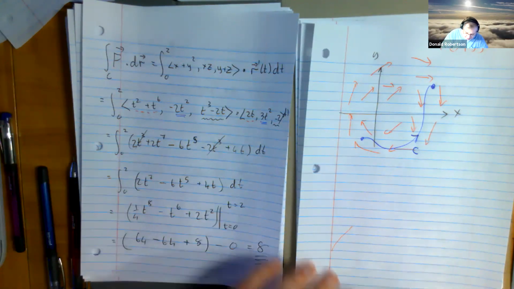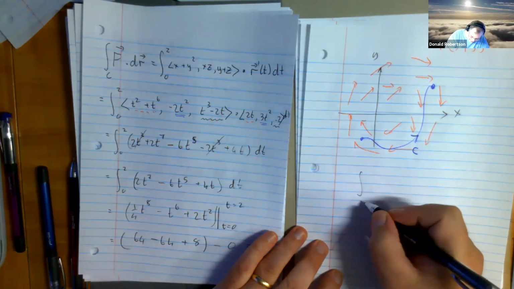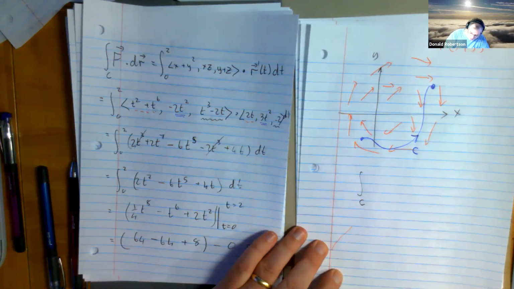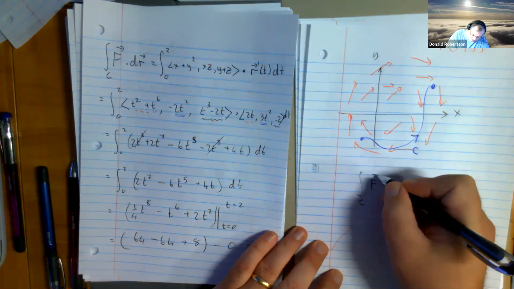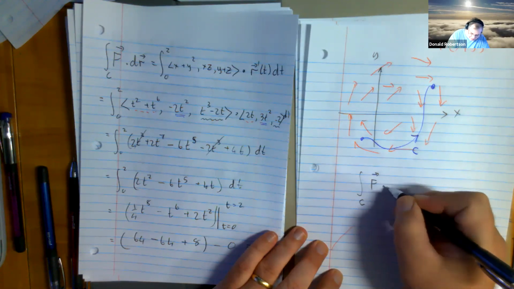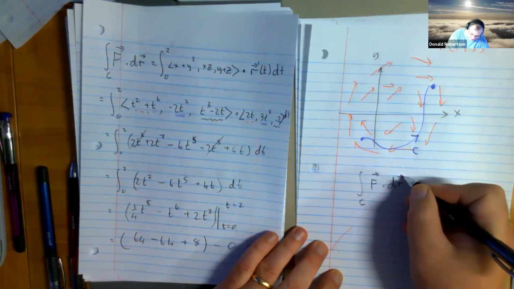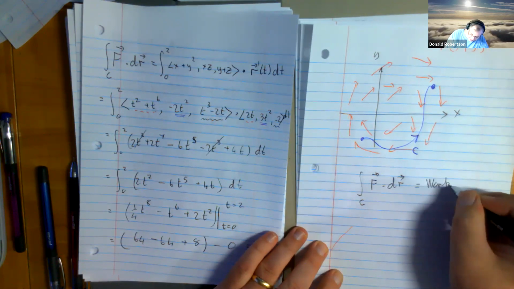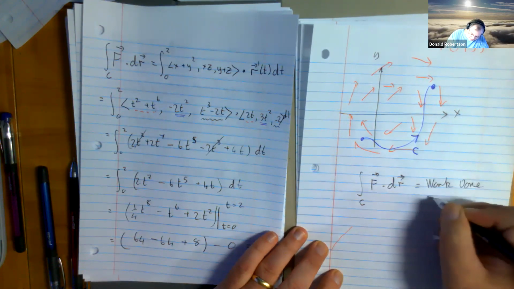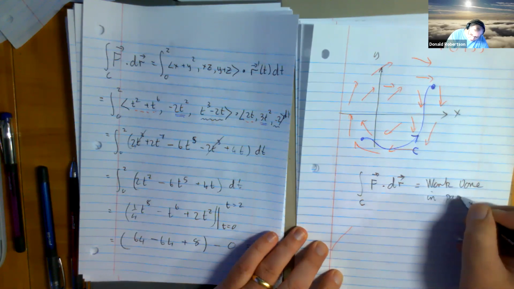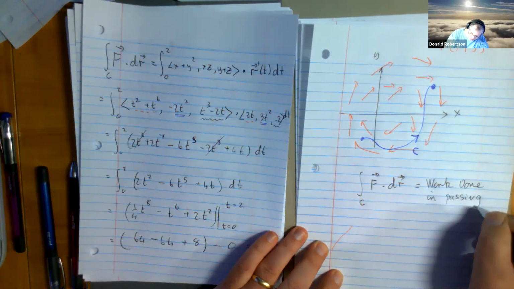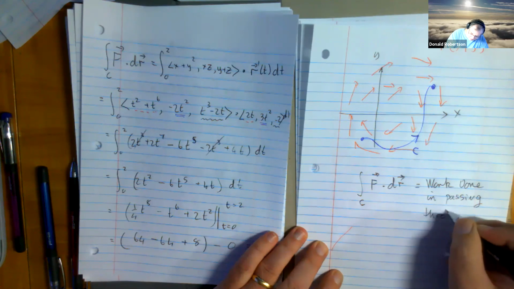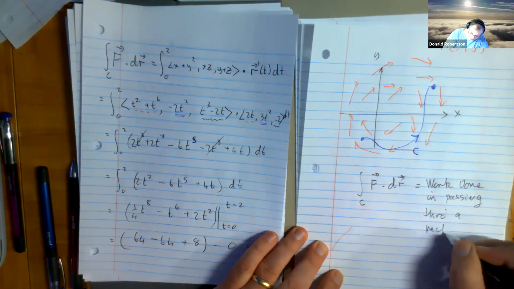When you evaluate the line integral along the curve C of this fella with respect to that guy, what you're calculating is the work done in passing through a vector field.